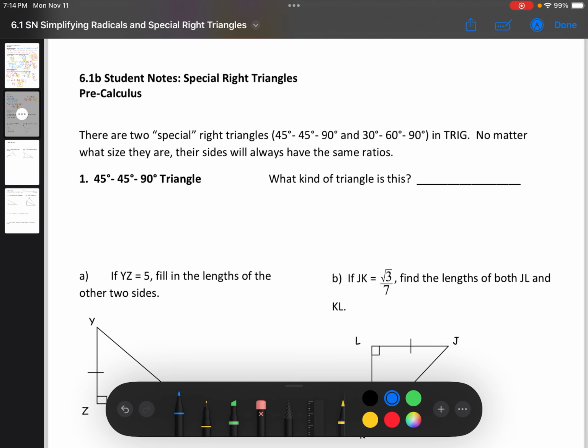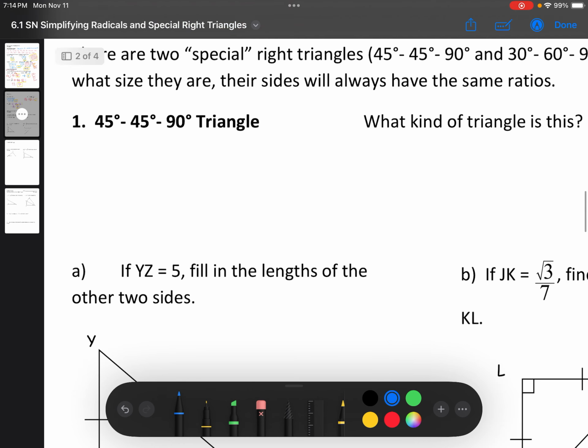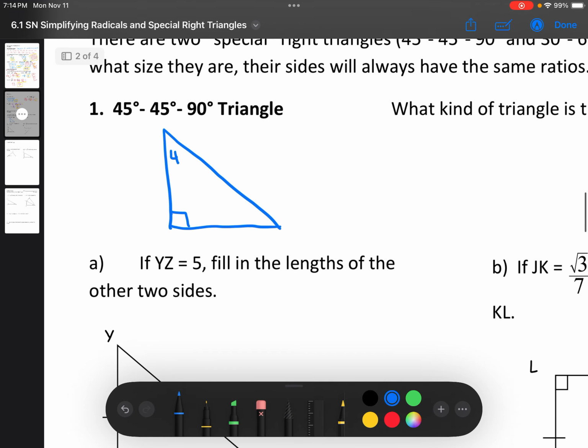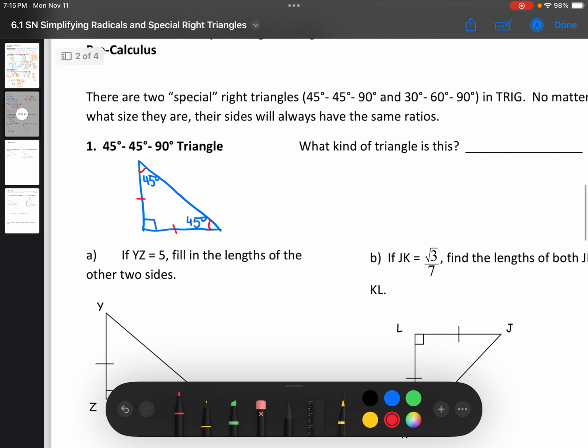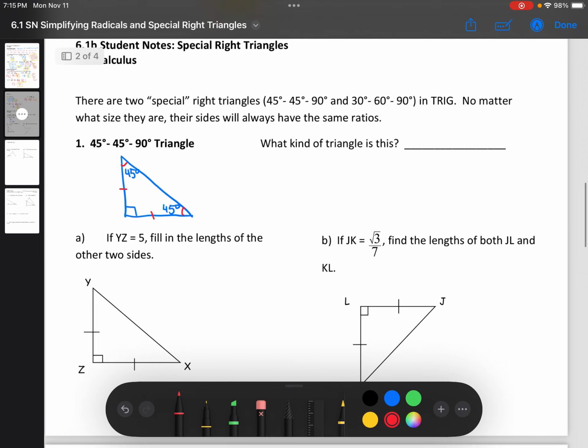So, a 45, 45, 90 triangle. Draw a right triangle, make it look like it has a right angle. Don't draw a crummy triangle. Make it look like a right triangle. When the angle measures are 45 degrees each, that gives us two congruent angles, which means the two legs opposite those are equal lengths as well.